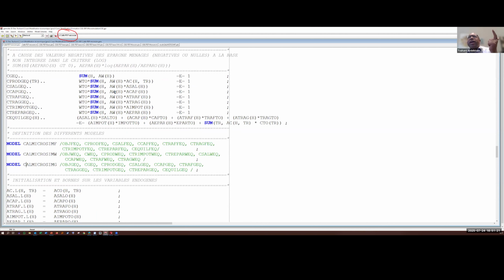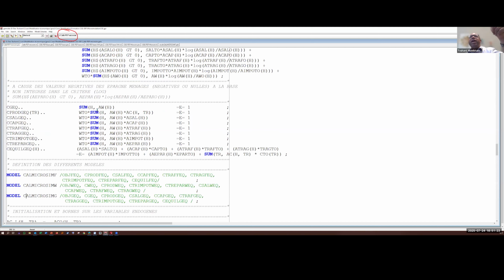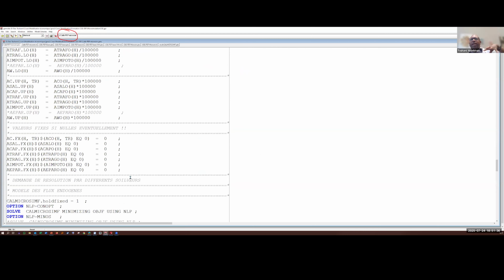I changed the flow and the extrapolation weight. So I have to solve this model. And in this one, I have the new equations, the equations with G for the global one.